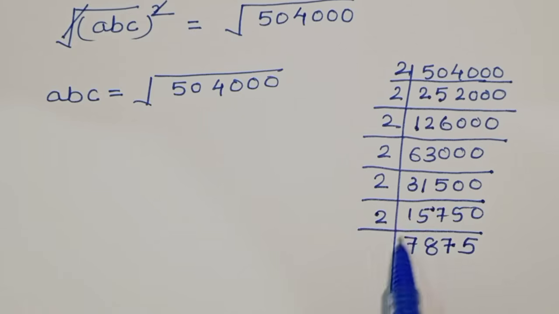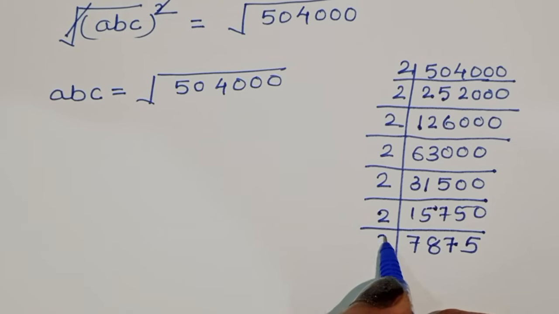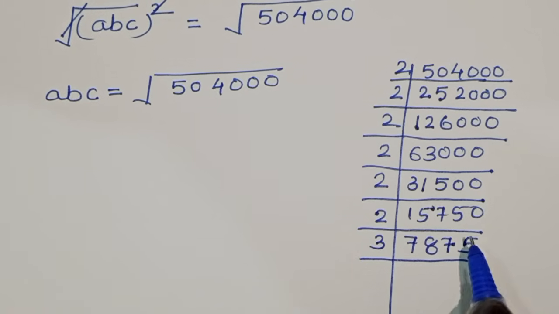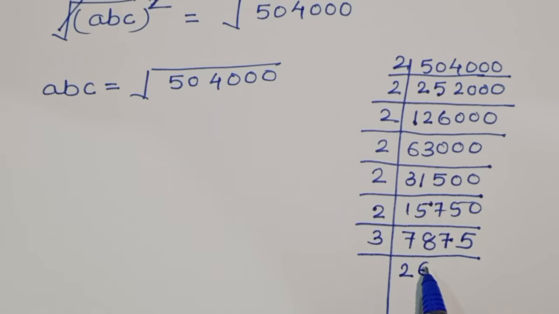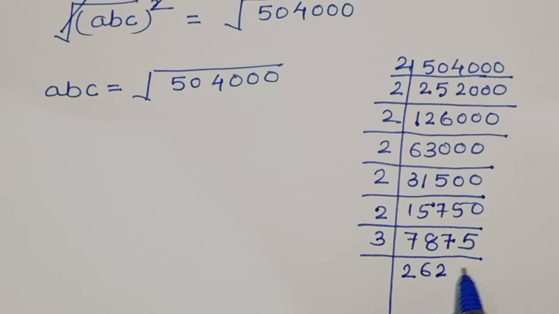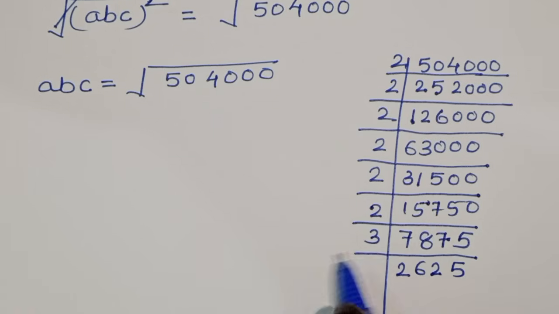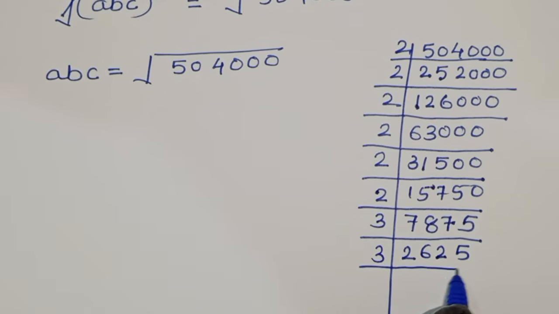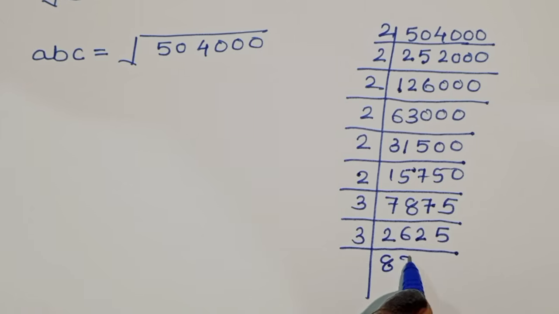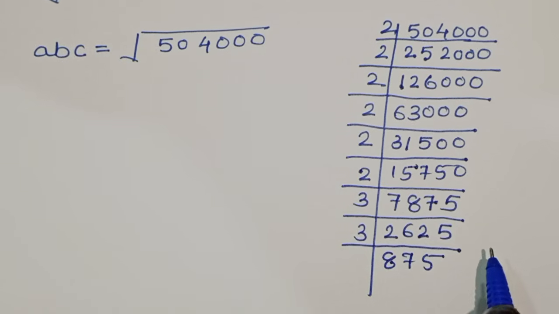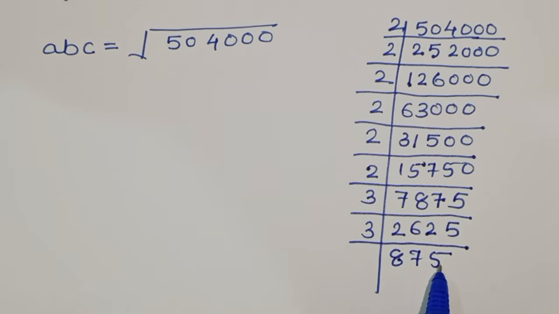Now this number is not divisible by 2, so we take 3. 3 2s are 6, 3 6s are 18, 3 5s are 15. Again we take 3, 3 8s are 24, so it becomes 875.